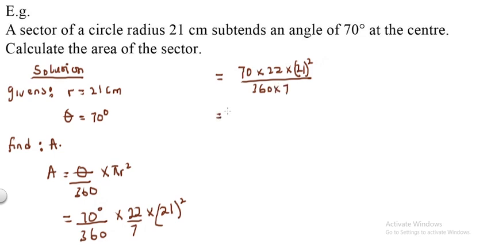For the numerator we have 679,140. For the denominator, 360 times 7 is 2,520. If we divide this by this, we get 269.5 centimeters squared.